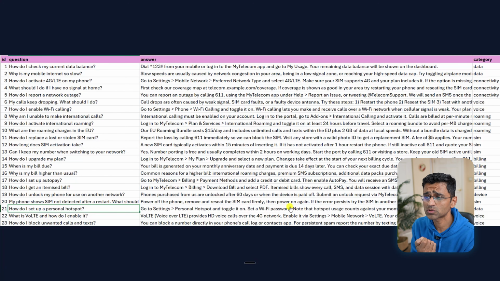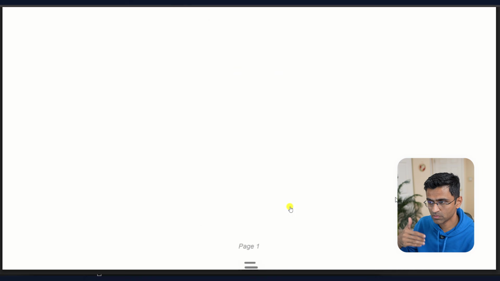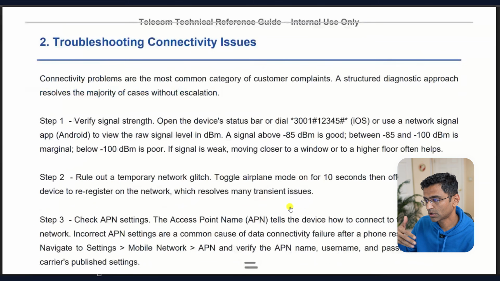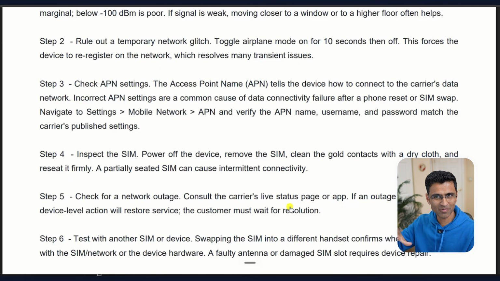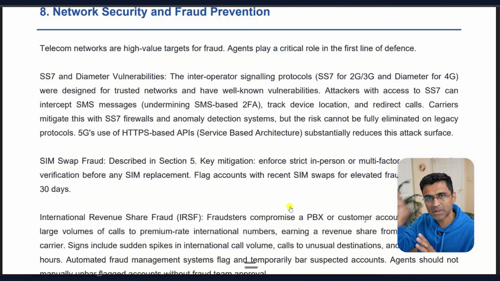Then the second source is a CSV file containing all the FAQs. The third source is a PDF document which contains the technical reference for this telecom business. Now we have worked on a RAG code using the same PDF file.